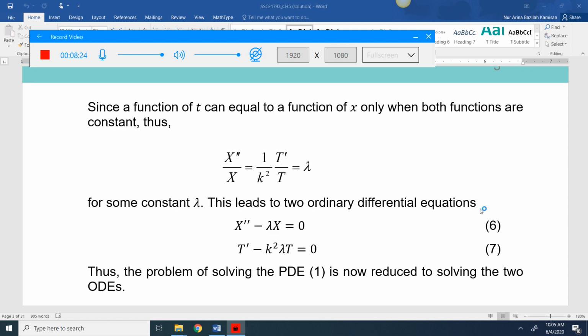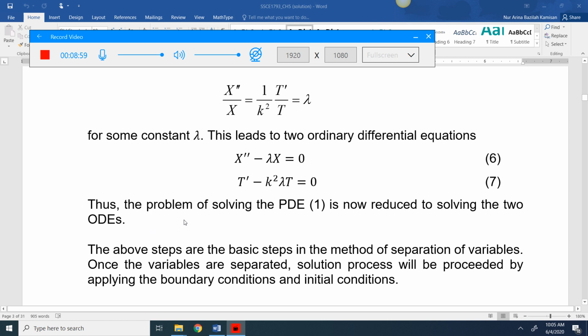ODE is ordinary differential equation. So if you can see, they take X'' over X equal to λ. Then they bring this X to this side and you will get this. And for this one, 1 over k² T' over T is equal to λ. When they rearrange, they will get this equation.